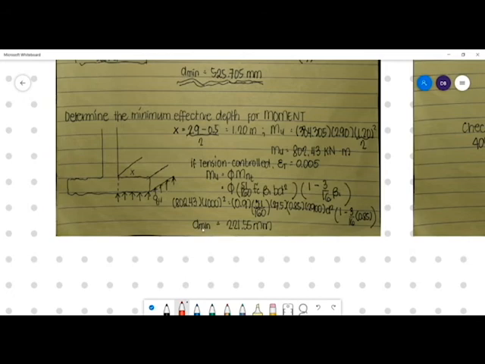We are going to assume that, starting from the critical section up to the edge of the footing, it is a fixed beam, with the fixed support starting from the critical section. But you have to know that the critical section somewhat depends on what type of column or wall is supported by your footing.